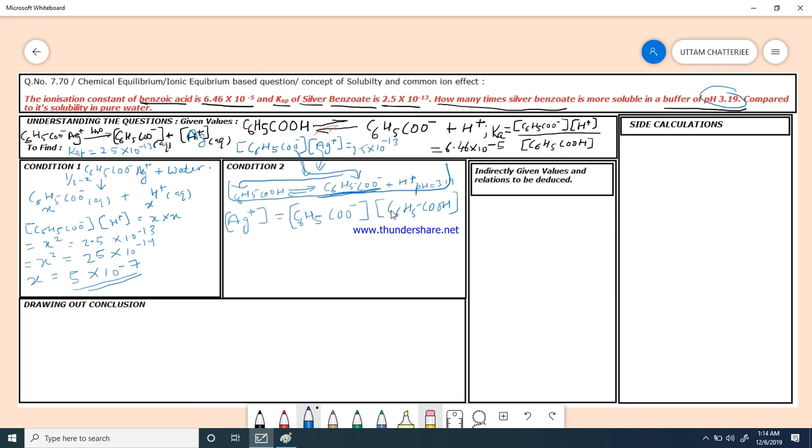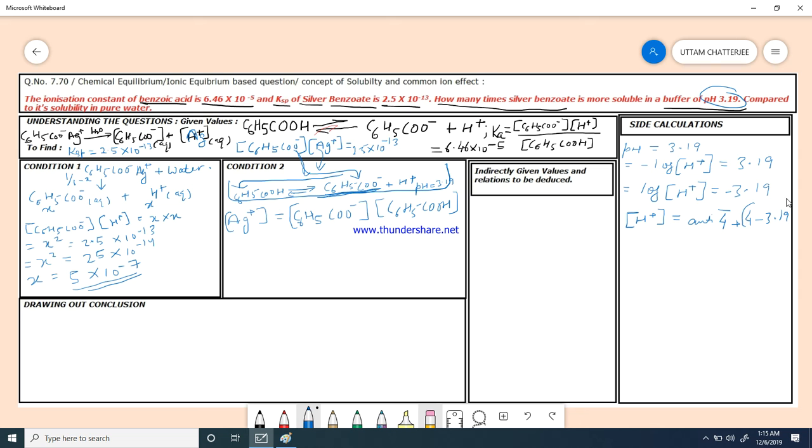The value of this is partially given in an indirect manner. We can find it out by a little bit of calculation. We have been given the value of pH equal to 3.19. This means minus log concentration of H plus ion is equal to 3.19. This means log concentration of H plus is equal to minus 3.19, or we can write the concentration of H plus is equal to antilog of 4 bar plus 4 minus 3.19.